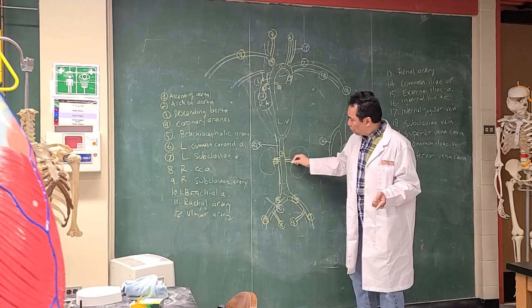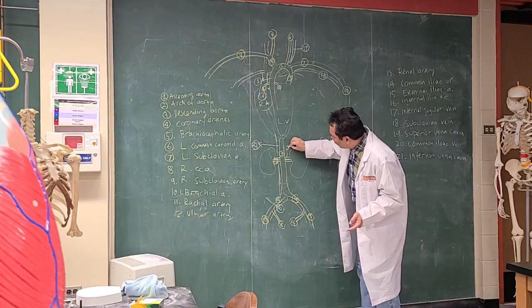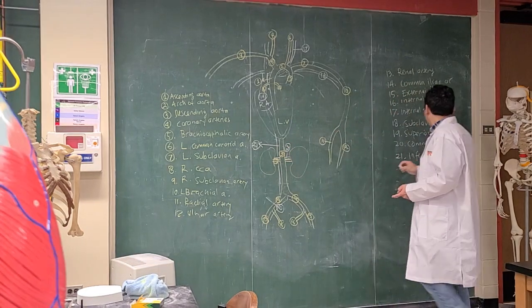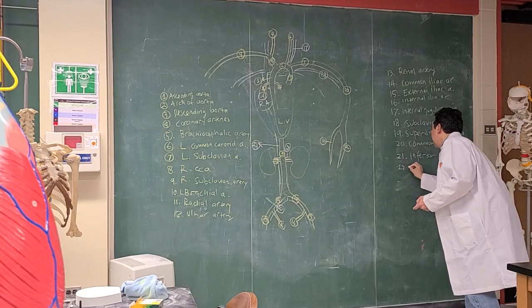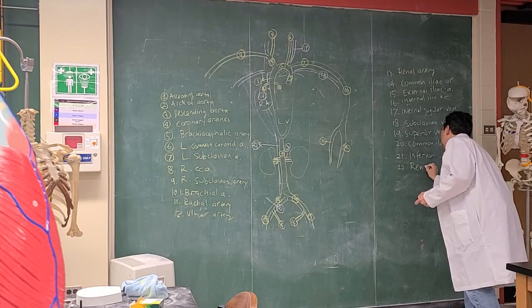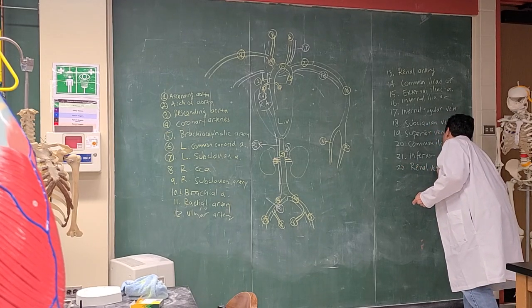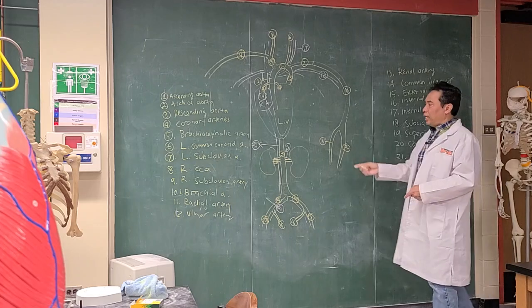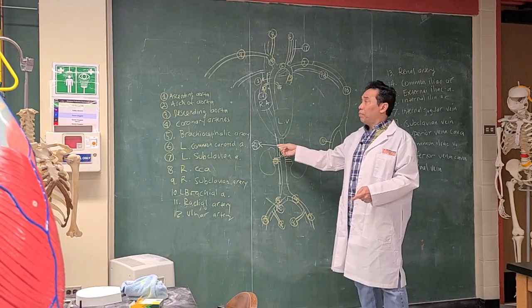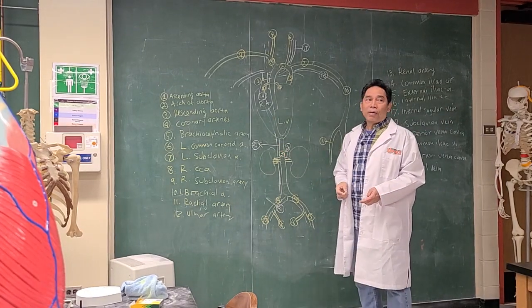Let's say the one coming from the kidney, we're going to put this number 22. That's going to be called the renal vein. It will drain into the inferior vena cava and finally go to the right atrium.